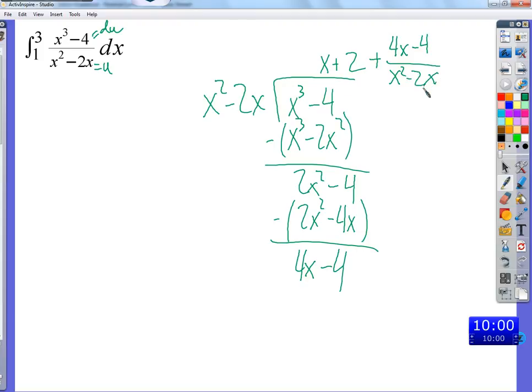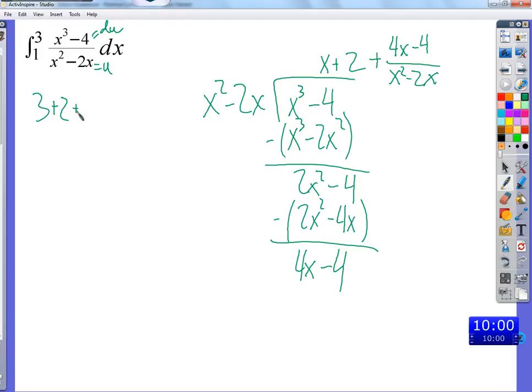Okay. We have to use f of b minus f of a for 3 and 1. You're subtracting 2x squared from 2x squared. We're gonna find the antiderivative.